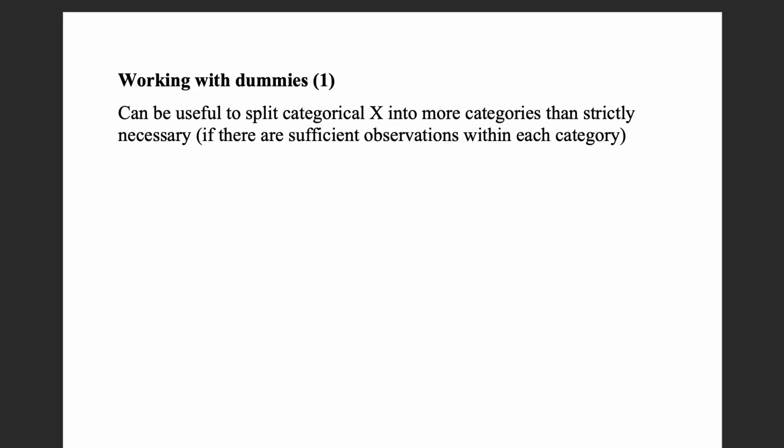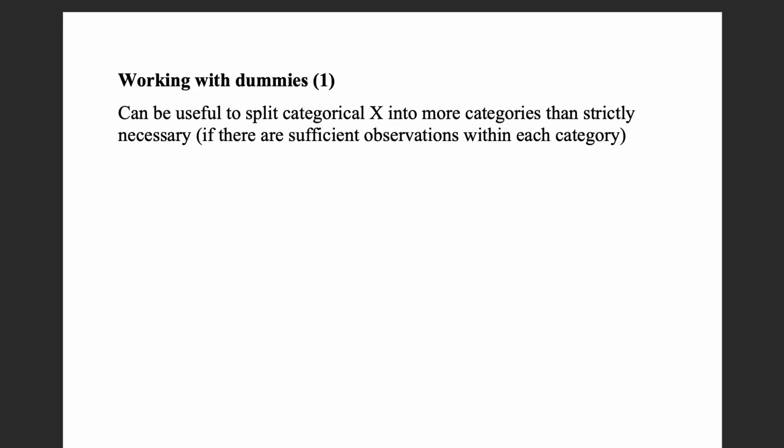And it can sometimes be useful to create more categories than you would theoretically strictly need. So sometimes maybe you have a very simple hypothesis about just the difference between one category compared to another category. But even if that's the case, sometimes it might make sense to split your categories up further, if you have sufficient observations within each of these categories.